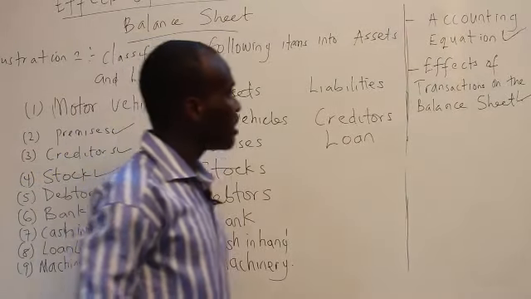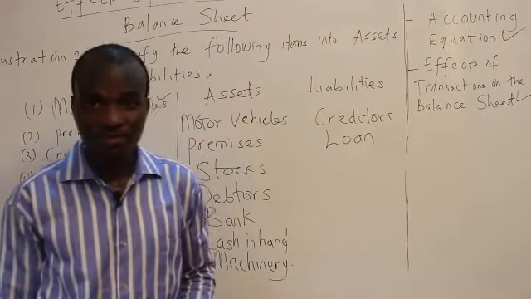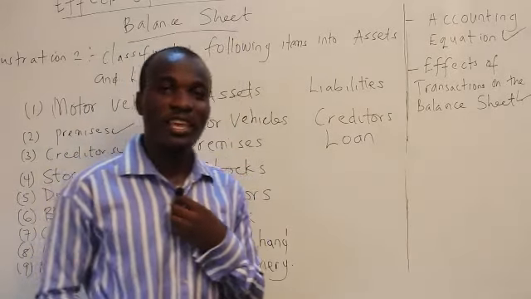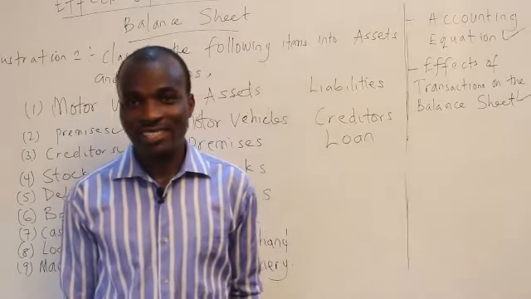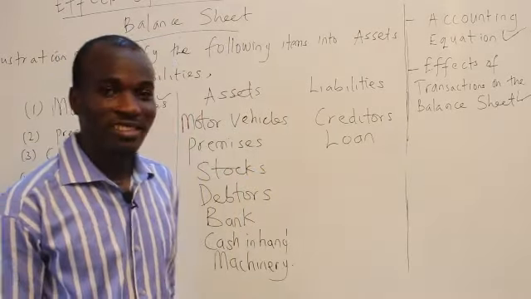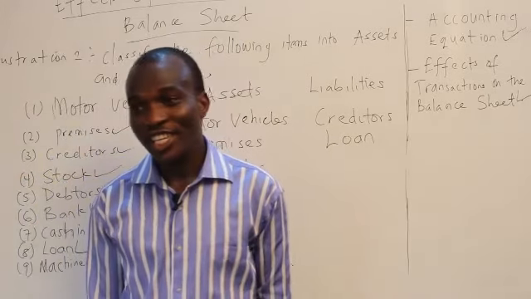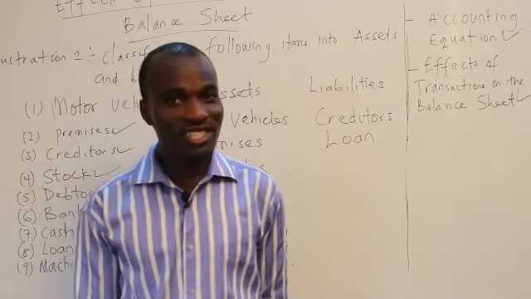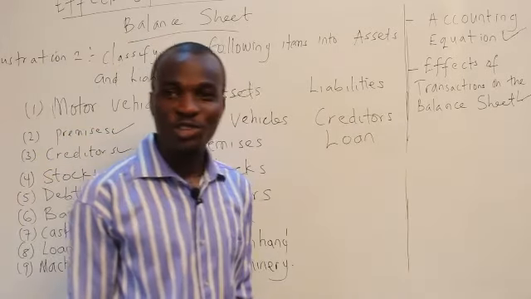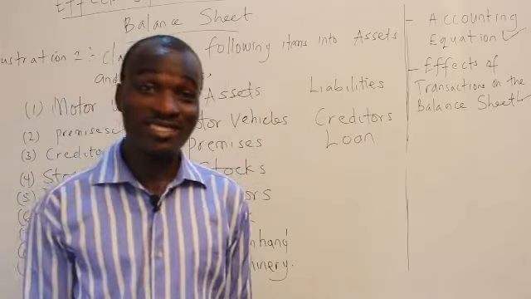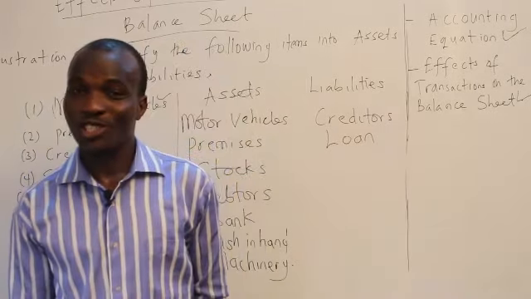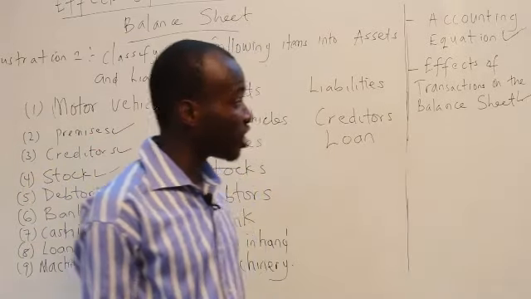And we said the effect of transactions on the balance sheet means all transactions of the business must have effects on the assets, liabilities, and capital. That is, the effect includes either to increase both assets and liabilities, or reduce both assets and liabilities, or to increase some assets and reduce others, or to increase some liabilities and reduce others.